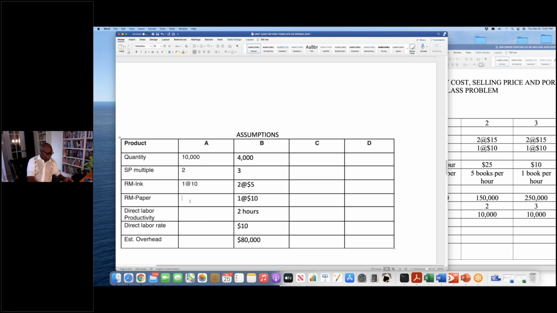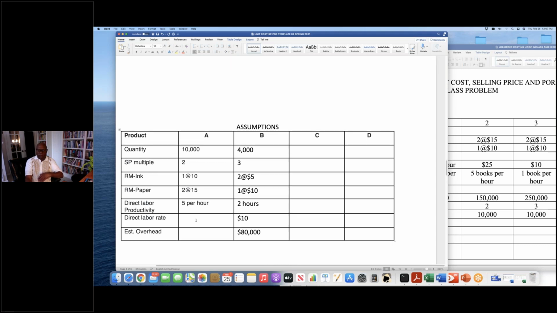And the direct labor productivity is 5 per hour. So you multiply or divide? Divide. And our direct labor rate, 25. Estimated overhead is 150,000.